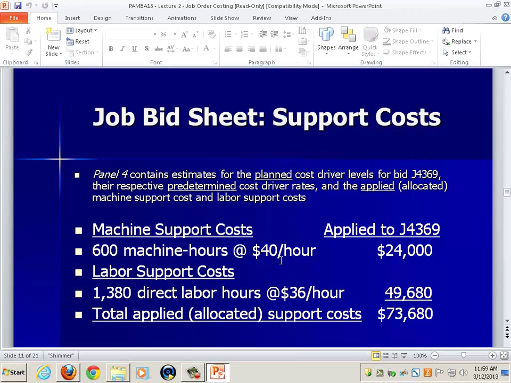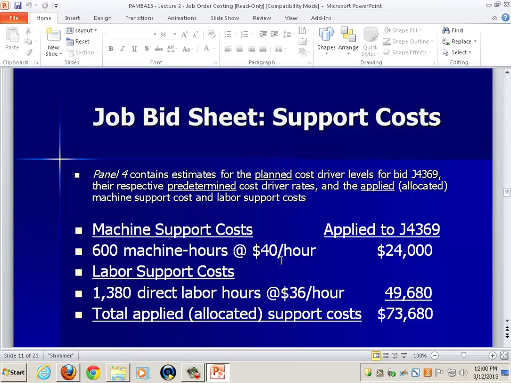And in order to allocate the indirect labor hours, remember, this is a little bit confusing. We are allocating indirect labor hours, but the cost driver that we use is direct labor hours, because we assume that the indirect labor hours are allocated proportionally to the direct labor hours used for each job.